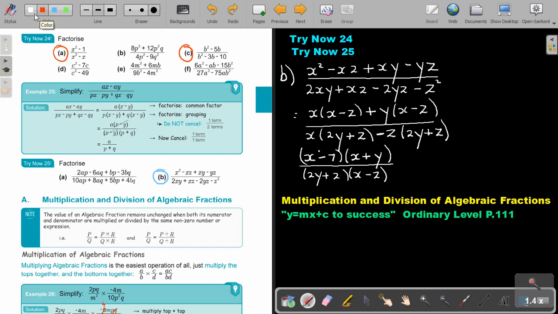So just remember that z, it seems to me that is disappeared. So I cancel, and then my final answer will be that two brackets. So it will be x plus y, and it will be 2y plus z. That will be my final answer.